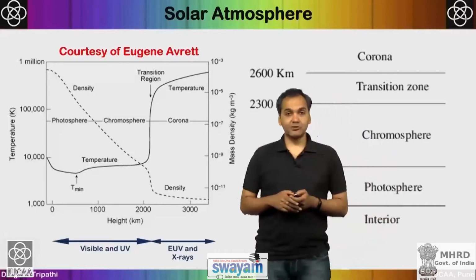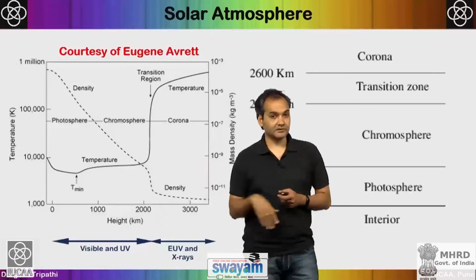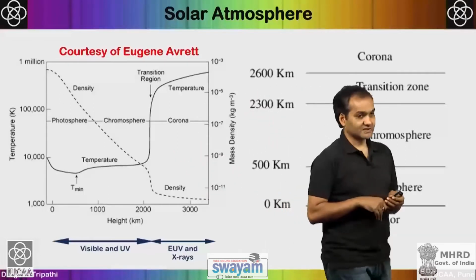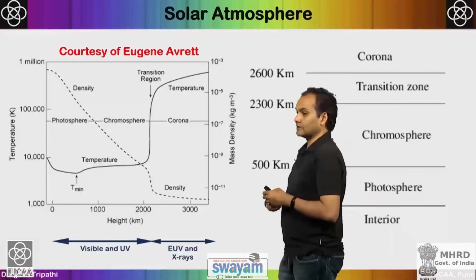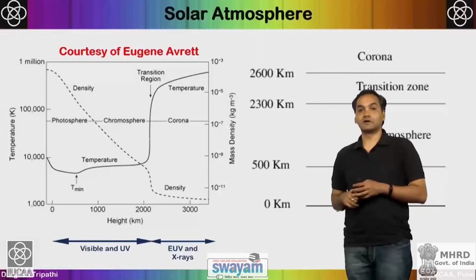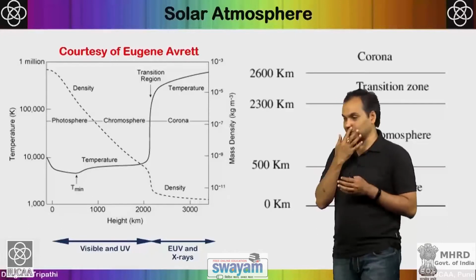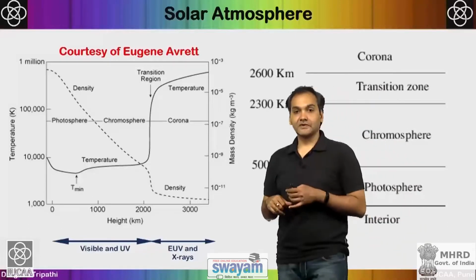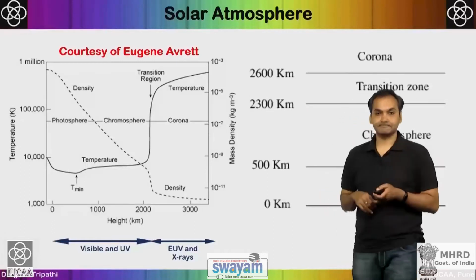But you also have to remember that if you want to collect the photons which are at EUV and UV, you have to go outside the atmosphere, and that is why the space era revolutionized the whole of solar physics, starting from Yohkoh and SOHO, but before that there were other instruments like Skylab and other rocket flights.